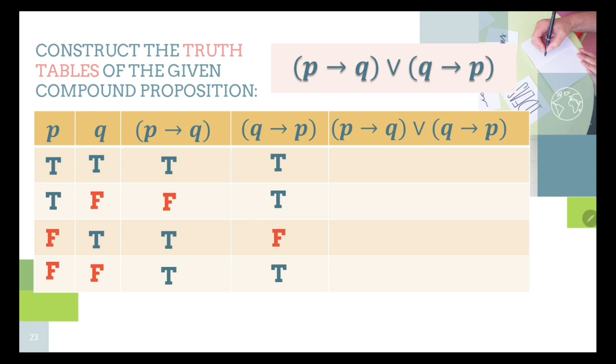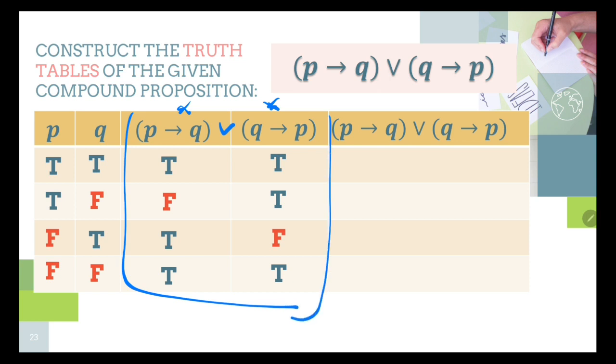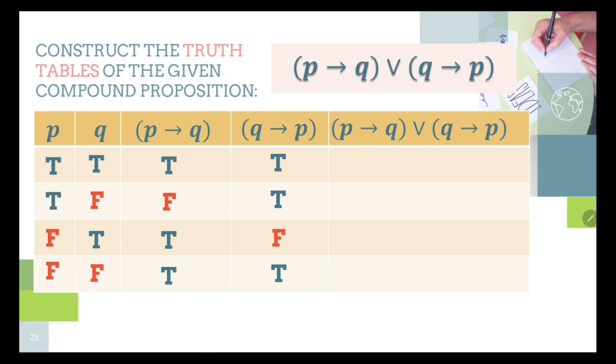Then we are going to look at these two columns. We're going to combine these two. For disjunction, the only time it will become false is when they are both false.